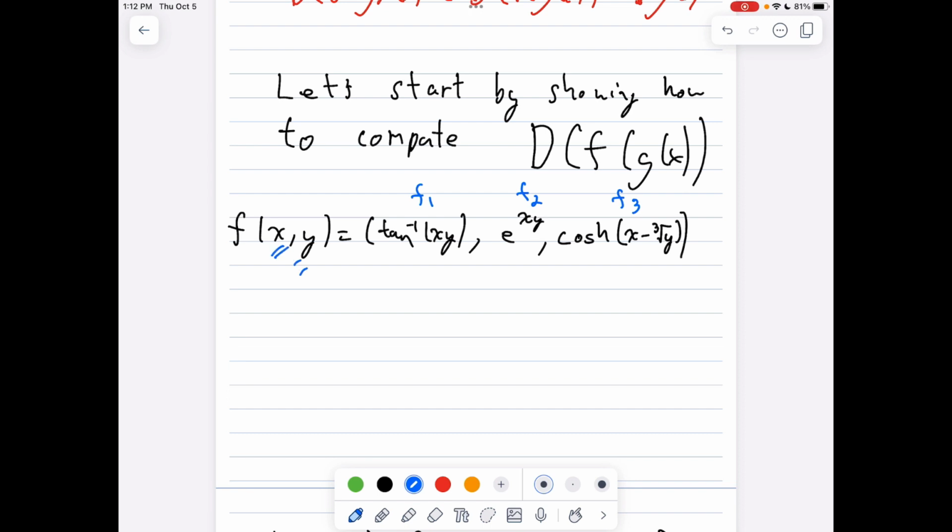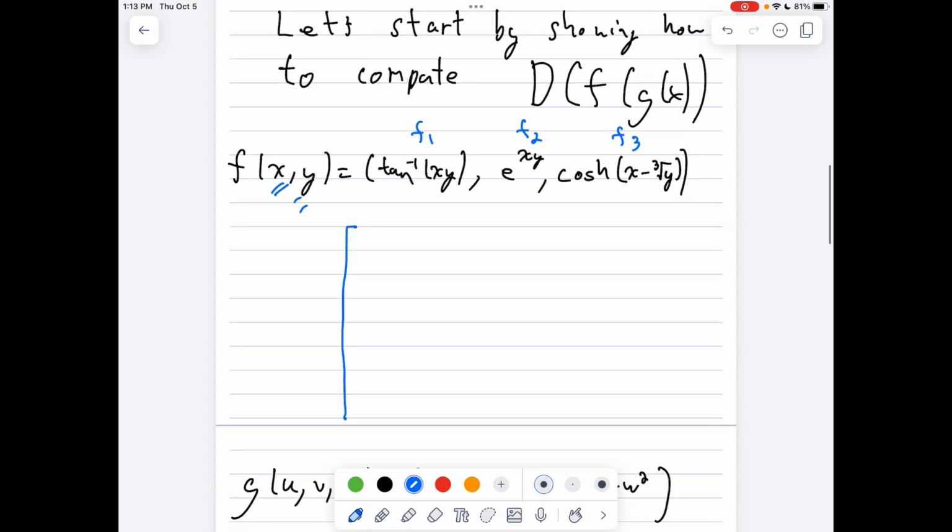We're going to make a matrix that has 3 rows and 2 columns. 3 rows because of each of the functions, and 2 columns because of the number of variables, the input. I can make a column f1, f2, f3 for the rows, and then column x, column y. In particular, we're going to put the partials of each of these functions f1, f2, f3 with respect to x and y.